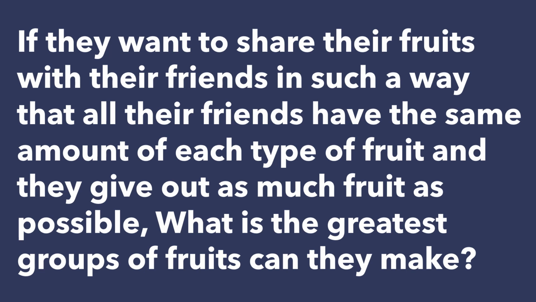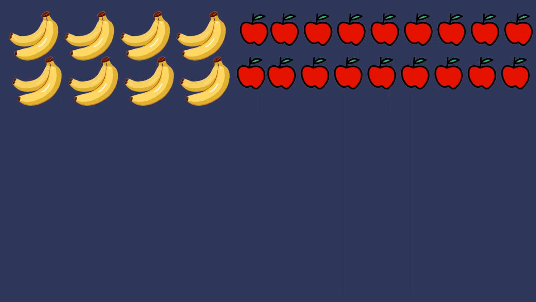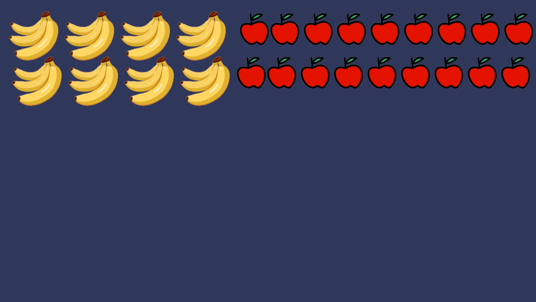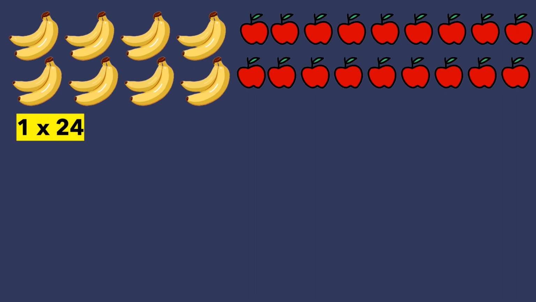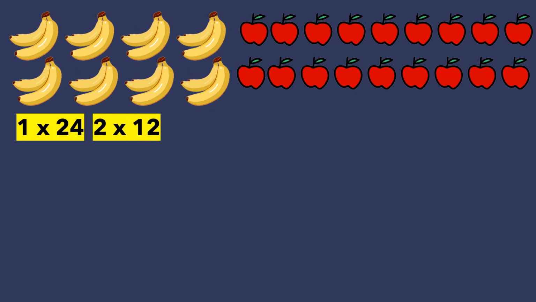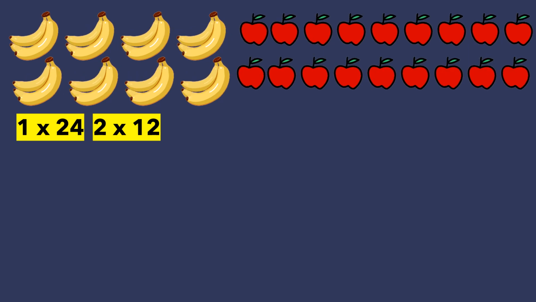Okay, so in analyzing the problem, class, we have 24 pieces of banana and 18 pieces of apple. In listing factors, we can write the factors of 24 first. So we can multiply 24 by 1 times 24. The answer is 24. And we can also multiply 2 times 12. The answer is 24.